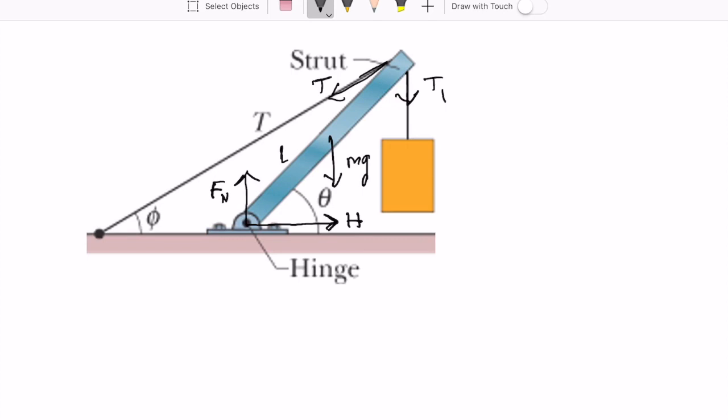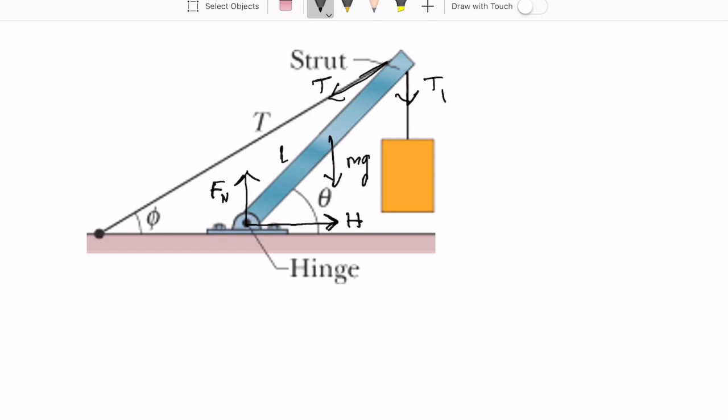Now, how do I know that the horizontal force at the hinge is going to be to the right? How do I know that it's not going to be to the left? To answer that, just imagine what would happen if these screws did not exist and the hinge was not attached to the ground at all. Imagine that this hinge is sitting on a completely frictionless surface and it's not bolted to the ground. In that case, which direction would the hinge move?